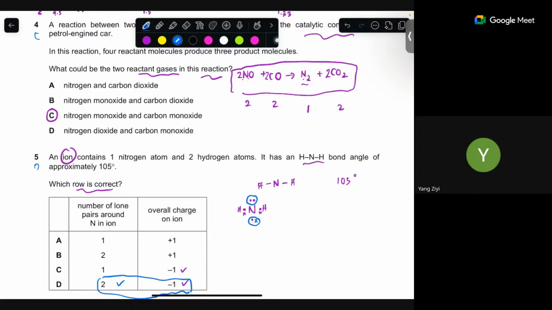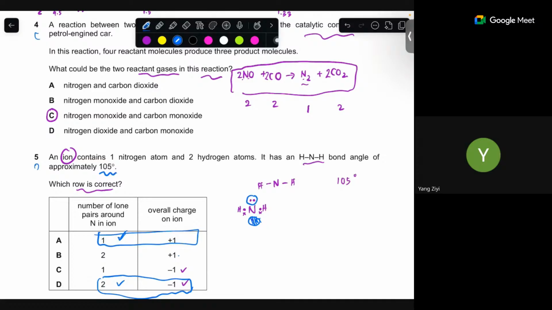But if you have +1, one electron is gone. The number of lone pairs around the nitrogen might be only one. So here we need to decide between the answer which is going to be A or D. This is when the bond angle comes in.